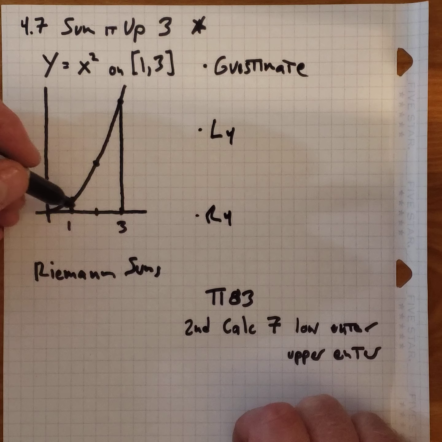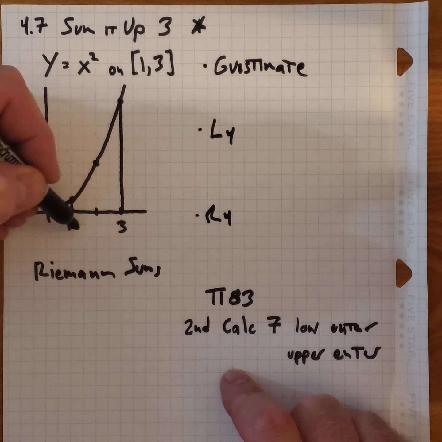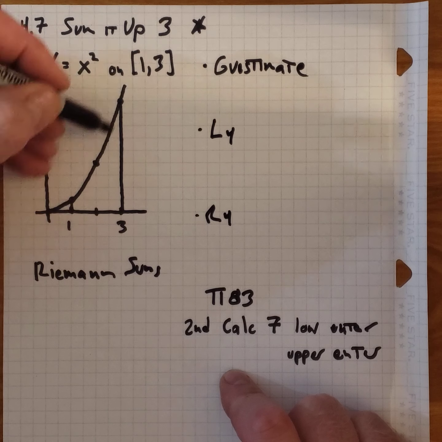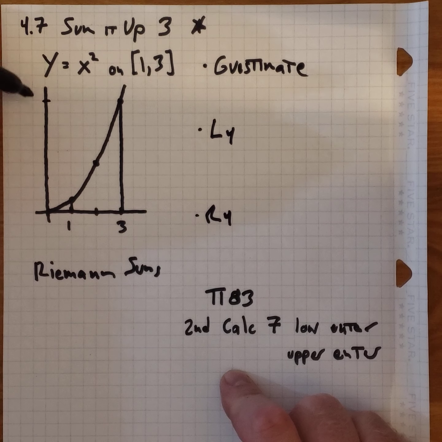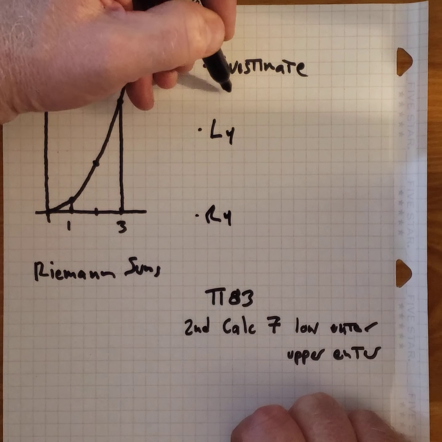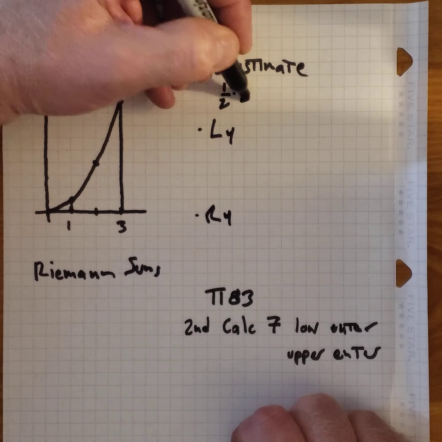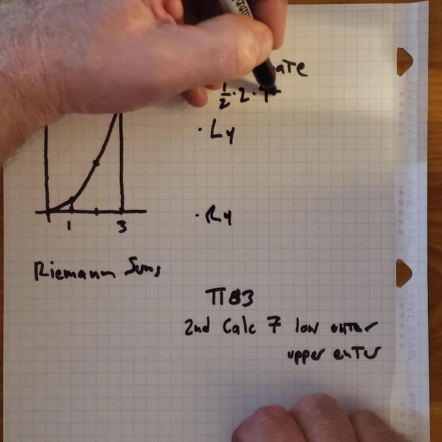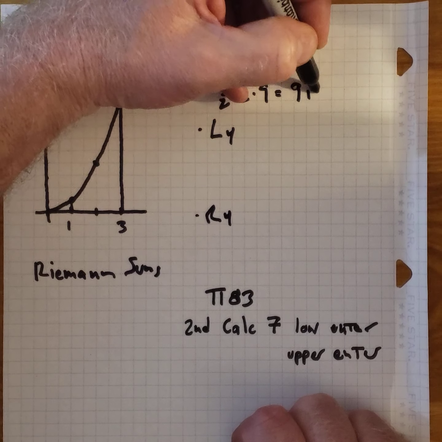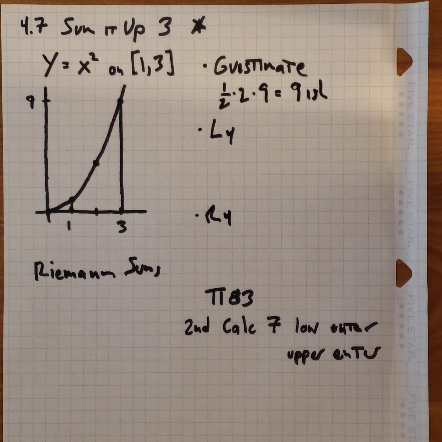I'm going to say that area is relatively close to a triangle. If it was a triangle, it would have a base of 2 and a height of 9, because the value of the function there is 9. So I'm going to guesstimate that it's fairly close to 1/2 times base times height, which is 9-ish. So I'm looking for an answer somewhere near 9.